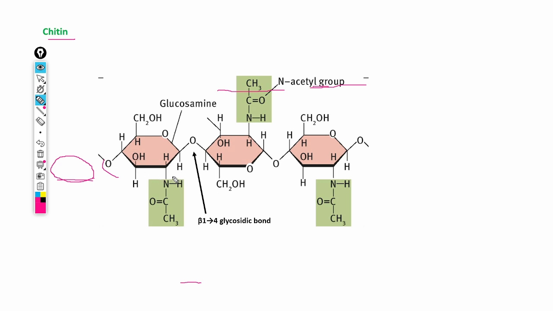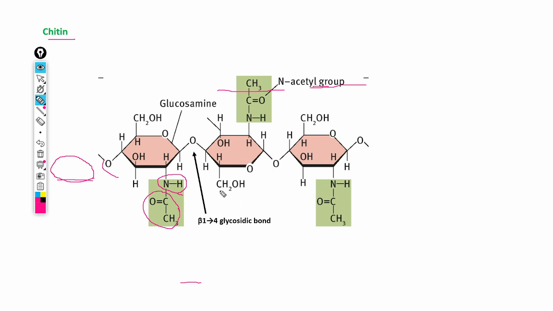We have studied earlier that in glucose, here an OH group is found, and in glucosamine the OH group is replaced by an amine group, NH2 or NH. With the acetyl group COCH3, this is called N-acetyl glucosamine, or simply NAG. So here all the NAGs, the N-acetyl glucosamines, are joined together by beta 1,4 glycosidic bond.